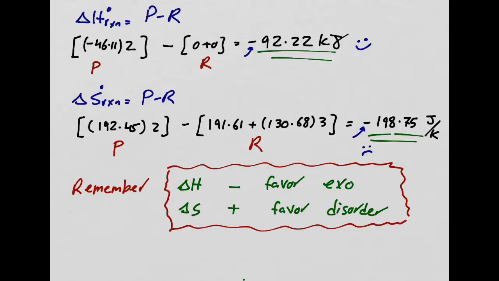If both were favored, if I had a minus plus, the reaction will happen. If both were not favored, the reaction will not happen. But what happens if one is favored, one is not favored? Every time you are in that situation, you have to look at Gibbs free energy to see which component is going to win.